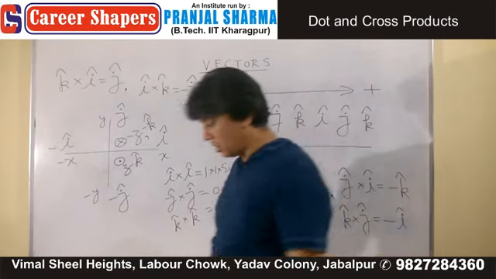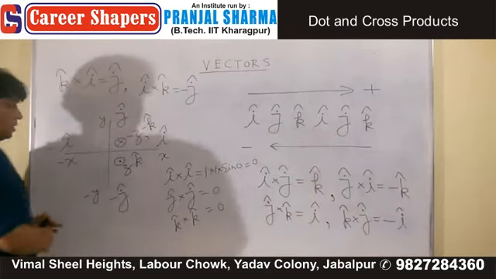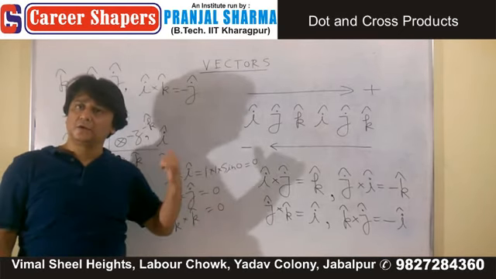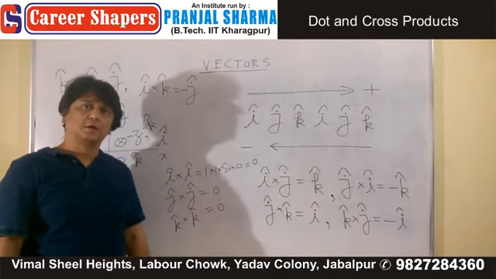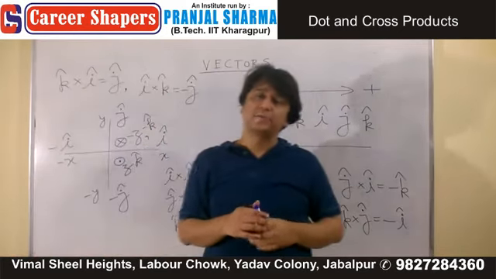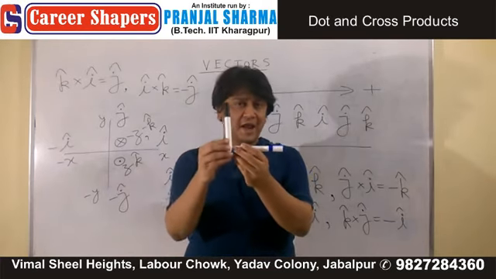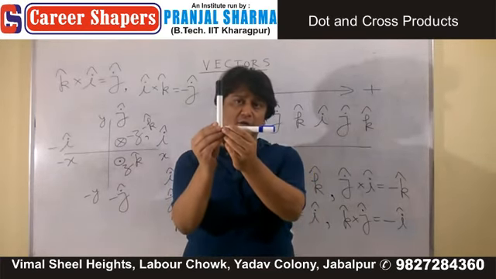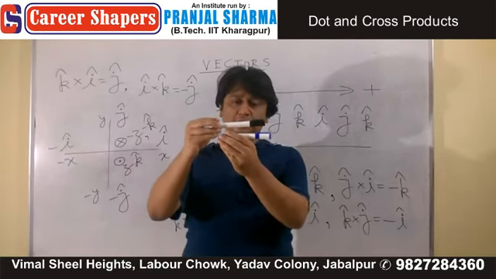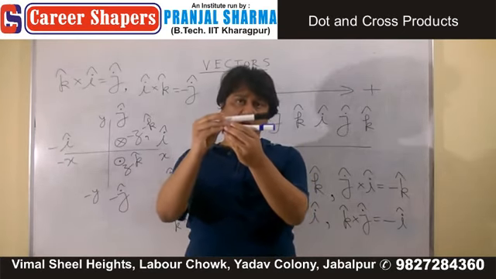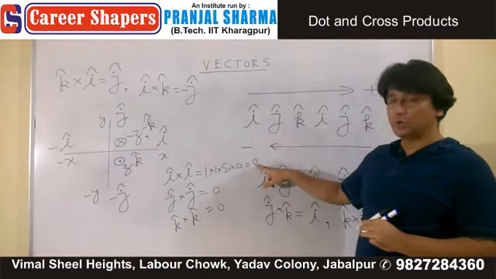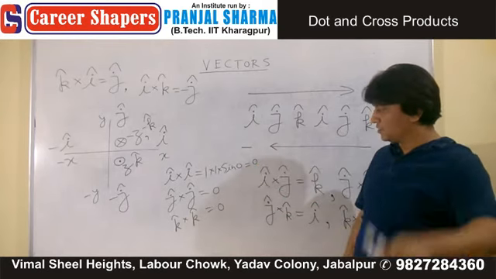Whenever you go for cross product of, not like I and I or J and J, any two vectors which are parallel. In dot, what was the statement? Dot product of any two vectors which are perpendicular. In cross, what is the statement? Cross product of any two vectors which are parallel. Once they are parallel, you will get sine 0, which will make the whole thing 0. Write down the statement.